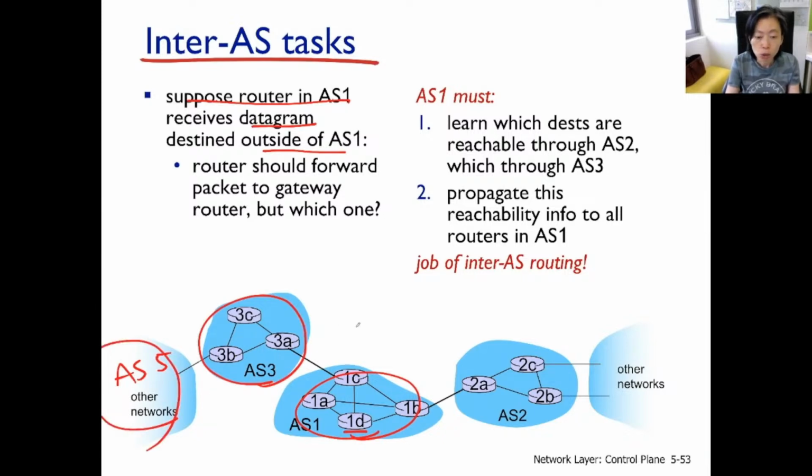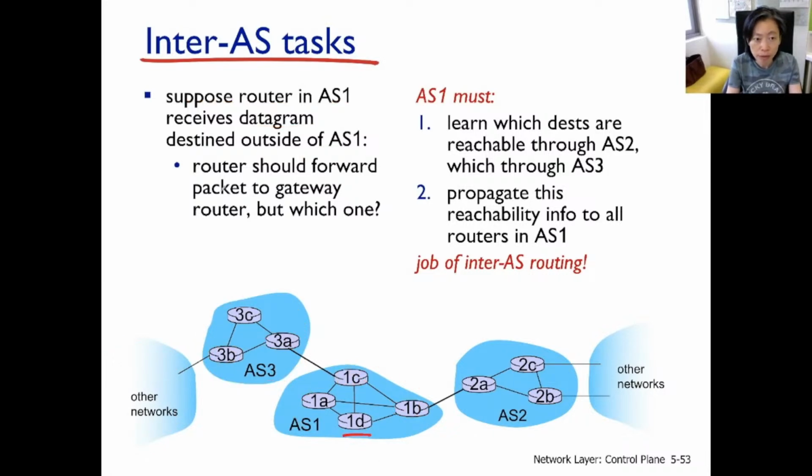This information will be available at the gateway routers 1C, 1B, 3A, 3B. But 1D, as an internal router, will actually have trouble judging which of the two gateway routers, 1C and 1B, it should pass the packets to, so that these gateway routers will be able to pass them further to the neighboring router along the shortest path to the destination.